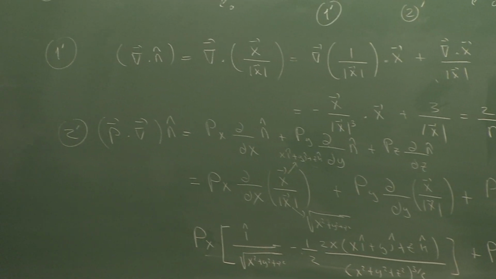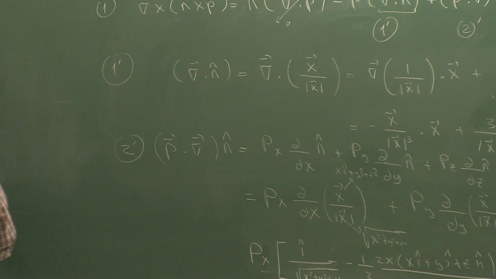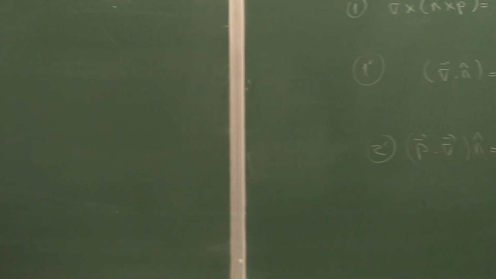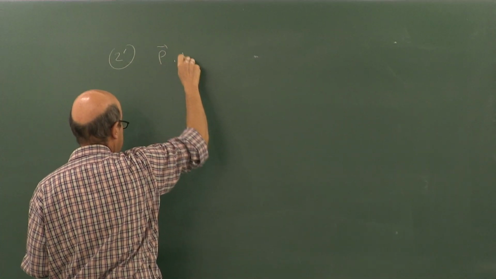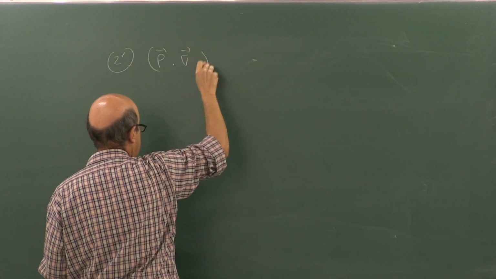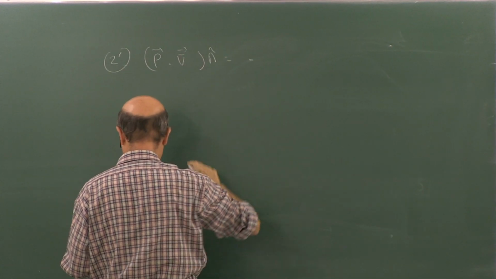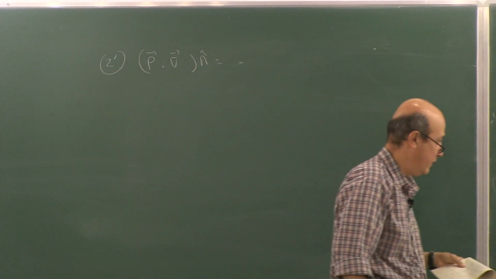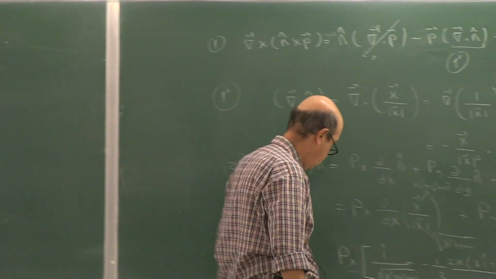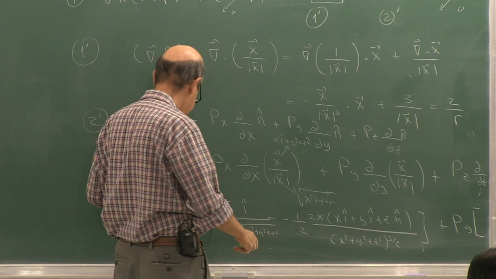So we are trying to calculate p dot gradient n, p dot gradient along n. And what can we find? What is this?